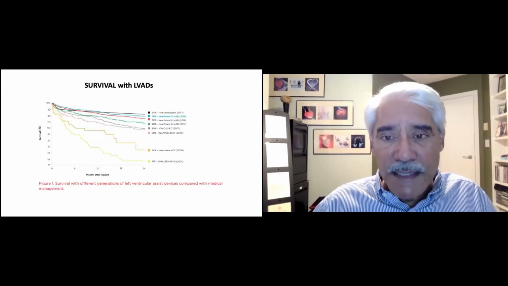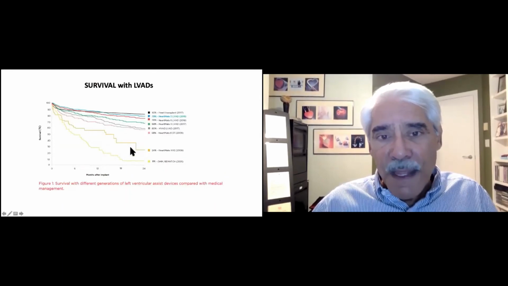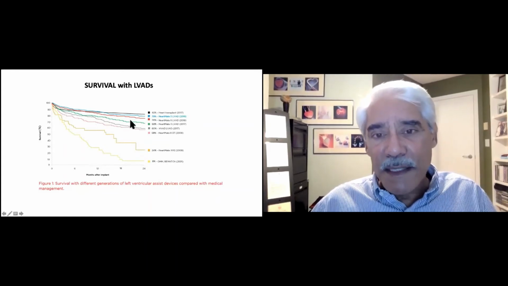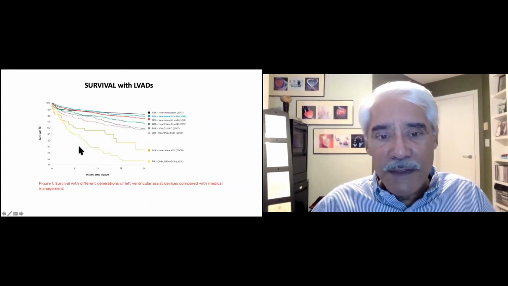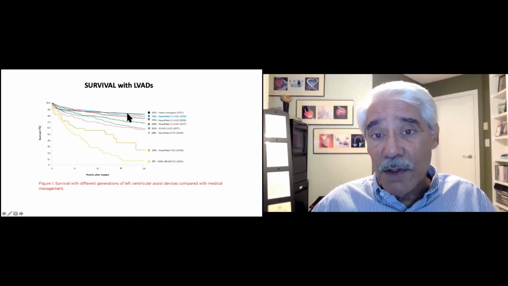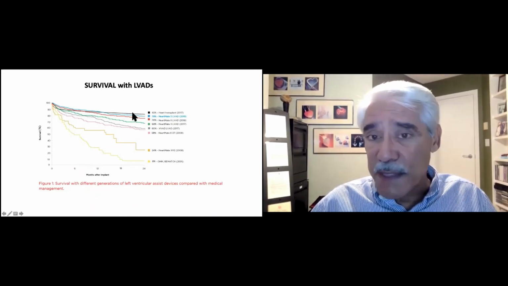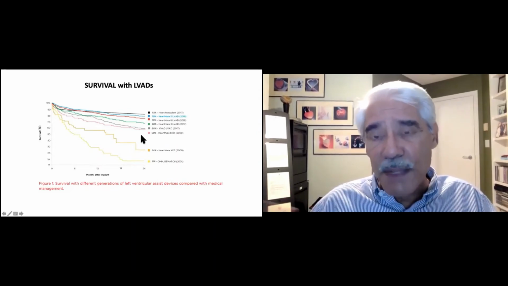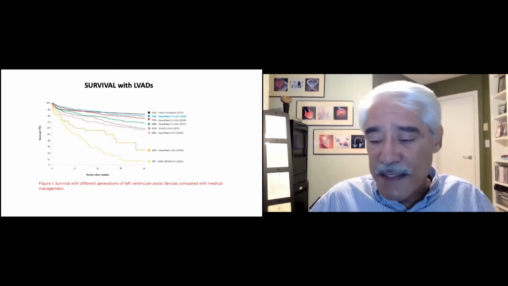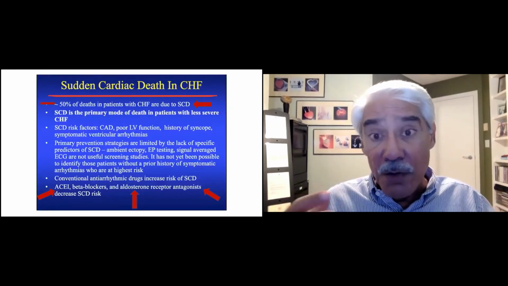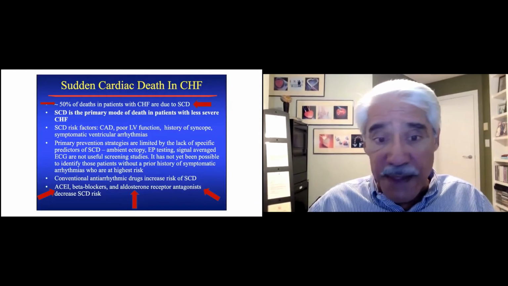And since then, we have shown that better surgical techniques and better technology have now moved the survival of these patients who have severe advanced heart failure almost to the level of the survival of heart transplant patients. So this is an option as a bridge to transplant, or in patients with advanced heart failure who are on full medical therapy but still remain symptomatic.